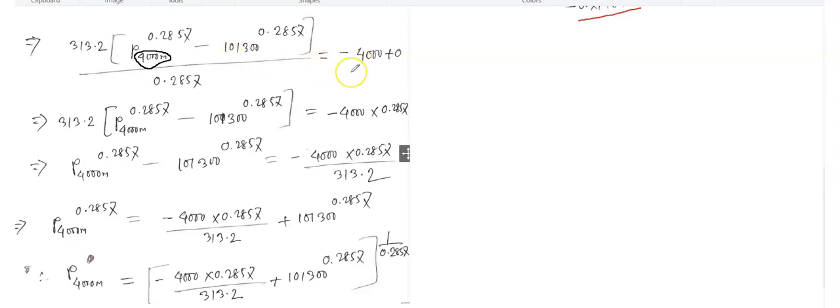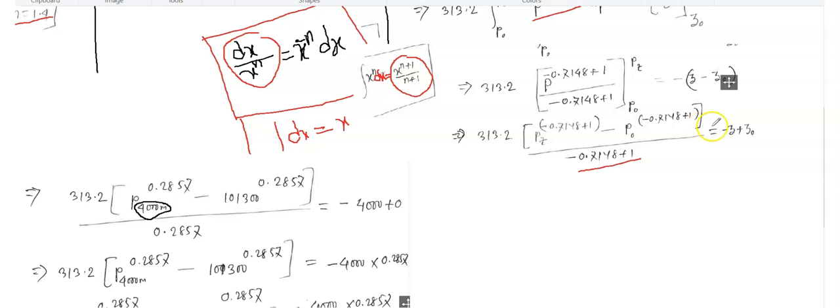Similarly, this is for the value of P naught. We substitute these values here, and Z naught should be the initial 0, and the maximum is 4000.